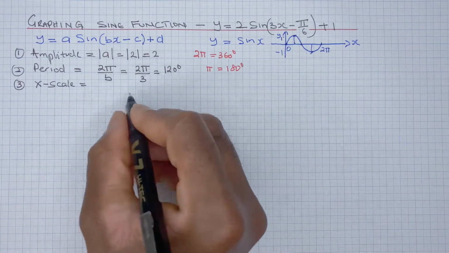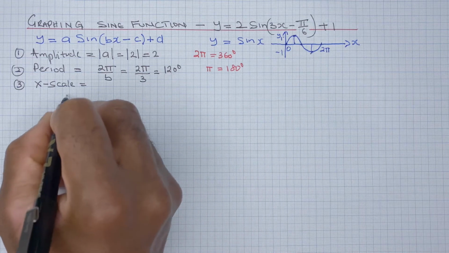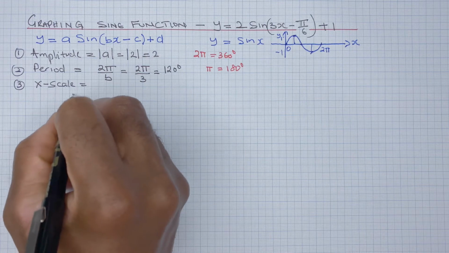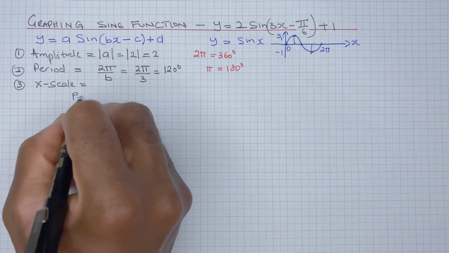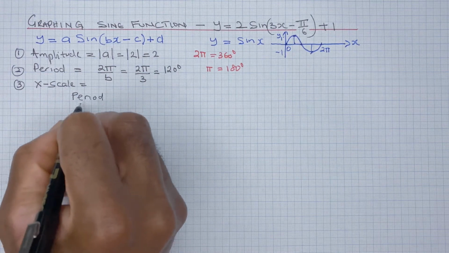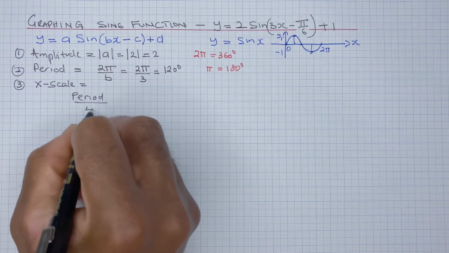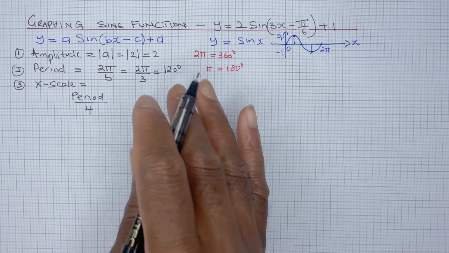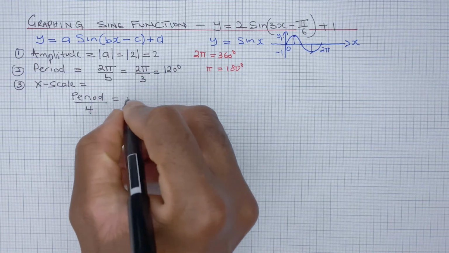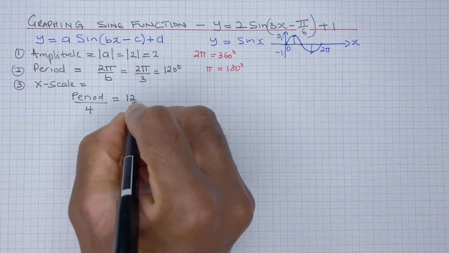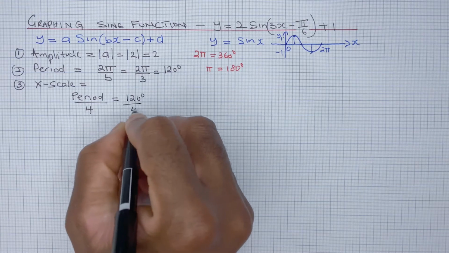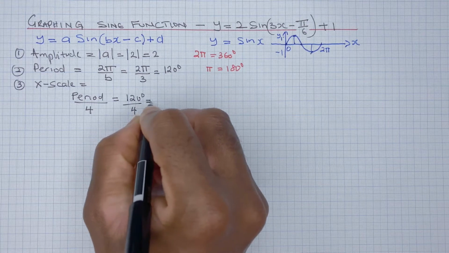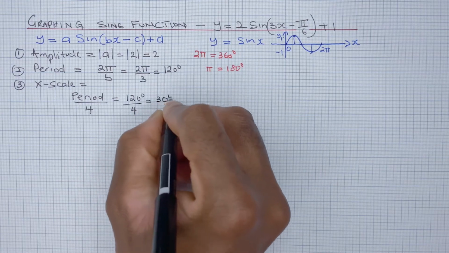Ours, we take our period. So scale is period divided by 4. This only applies to sine and cosine functions. So that will be 120 degrees divided by 4, and that will be 30 degrees.